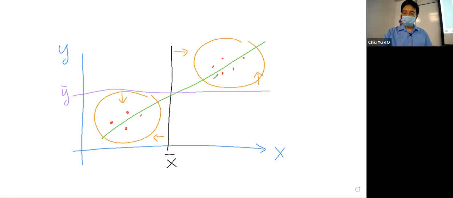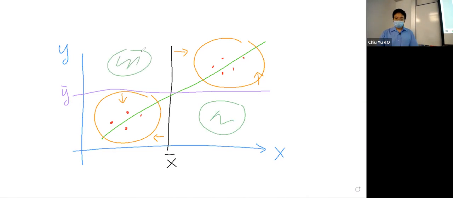If all the data appear in, I don't know what color to use, but green. All the color is here. The data is in here. The multiplication of them will be negative, right? Because what we care about, remember the formula is x minus x bar times y minus y bar, right?